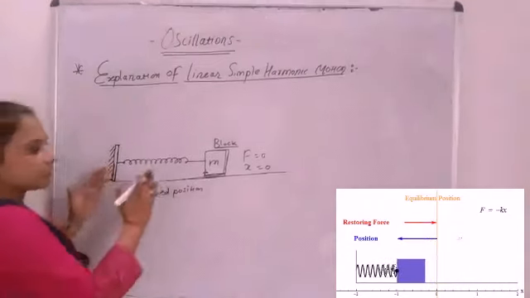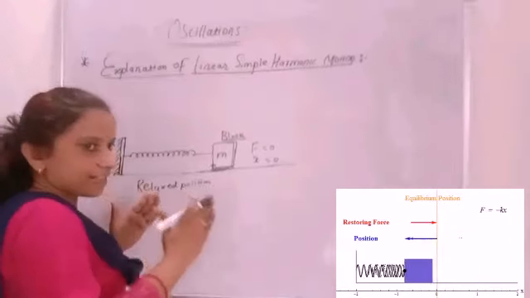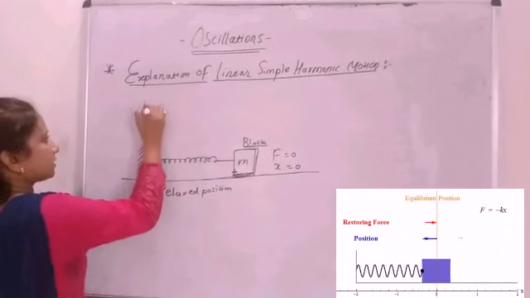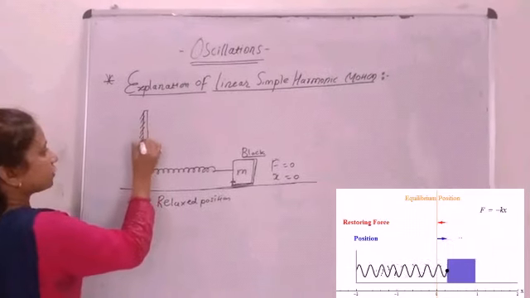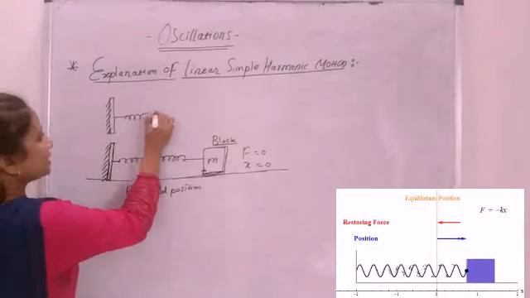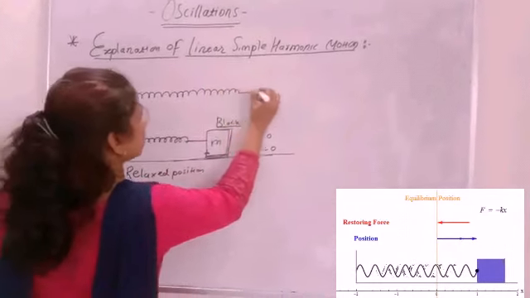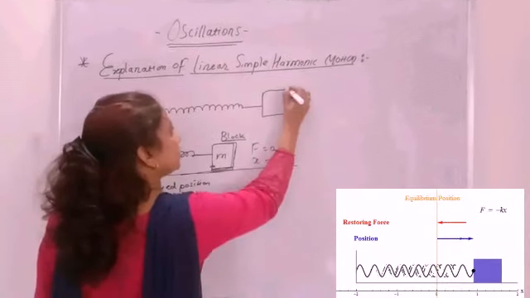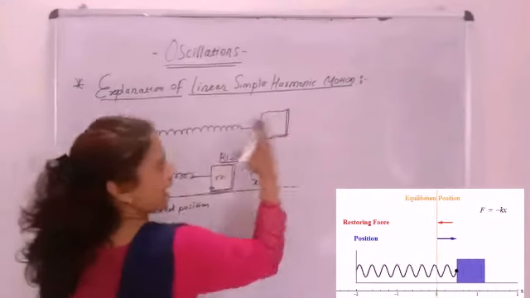Now, we can stretch this spring. Here in this figure, this is a rigid wall. Now this spring is stretched, so the rectangular block of mass m is pulled to the right side.